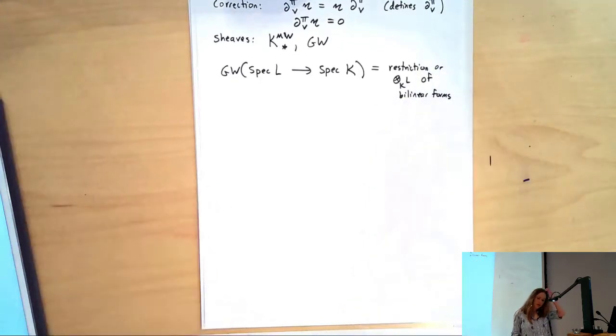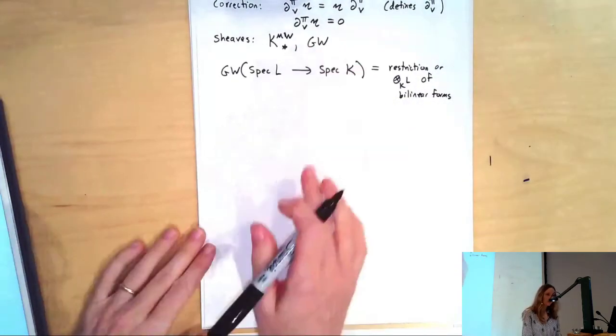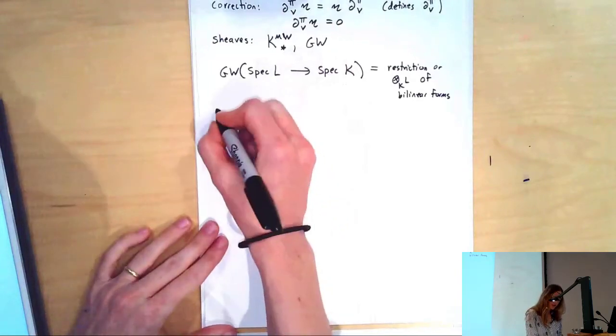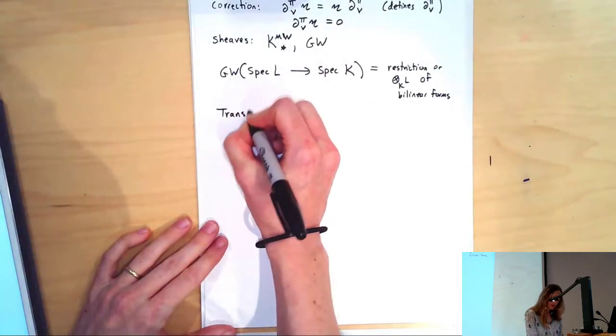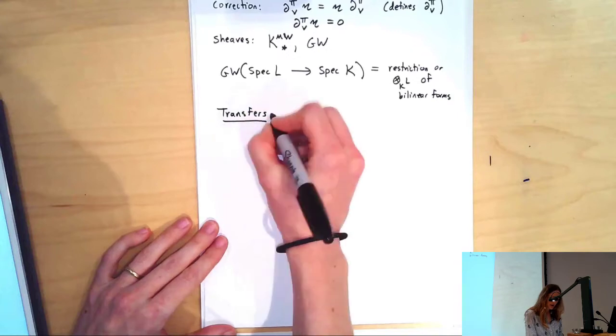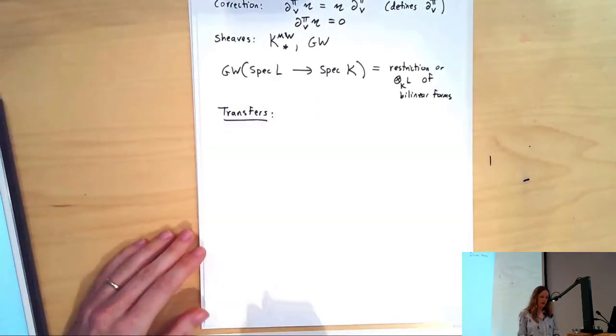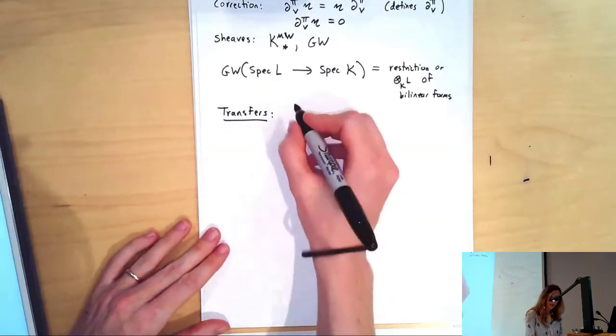But we also saw that these were stable homotopy sheaves, and so there should be transfers. And we want to use them. For instance, they showed up, this trace or transfer for field extensions.